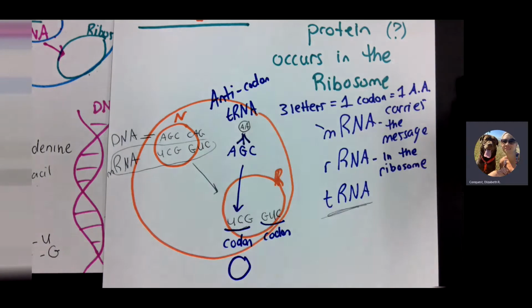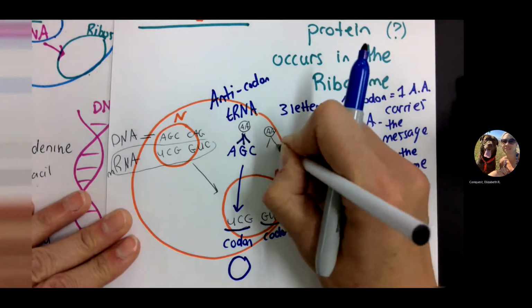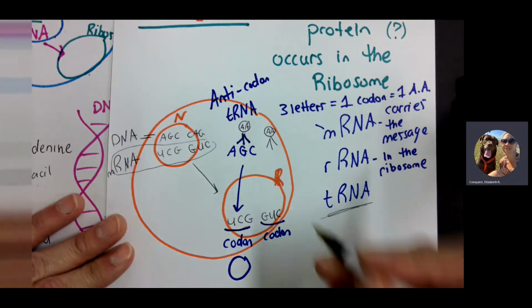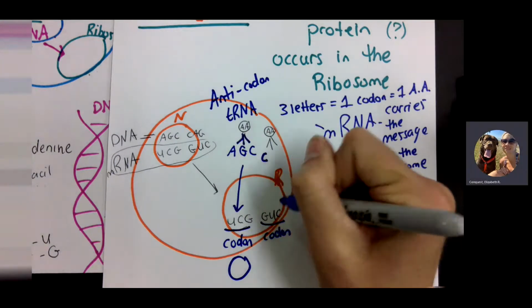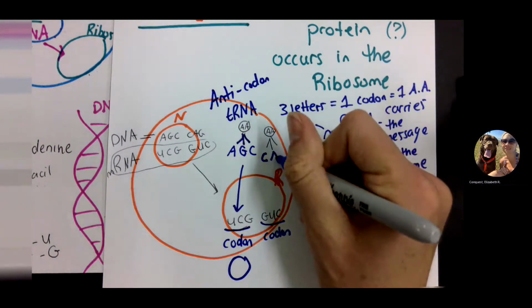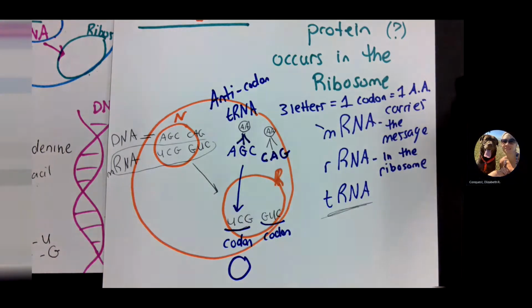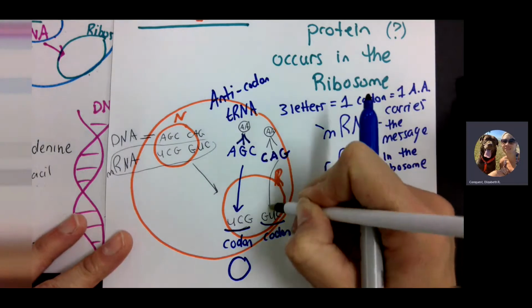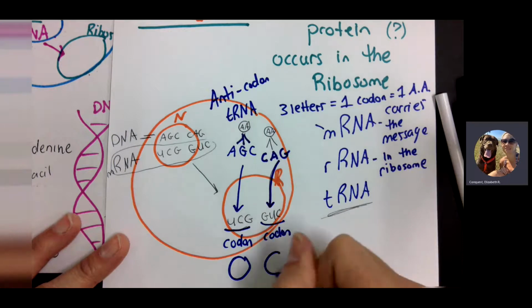So if I have another tRNA carrying my amino acid, the anticodon for GUC would be C. U turns to A, C turns to G. All right, and so this one anticodon pairs to that codon, drops off the amino acid.